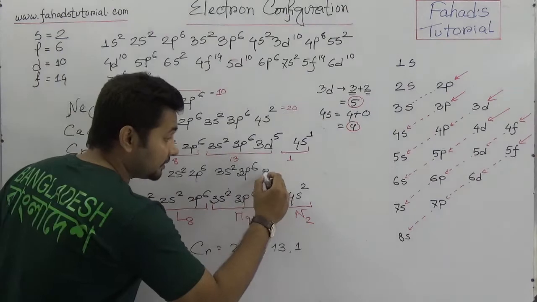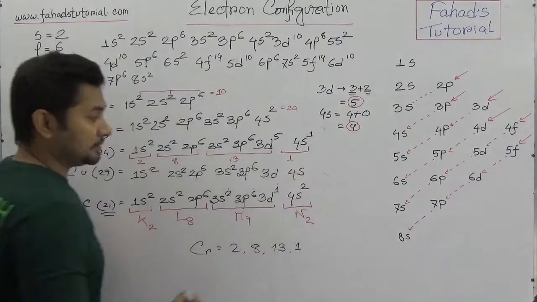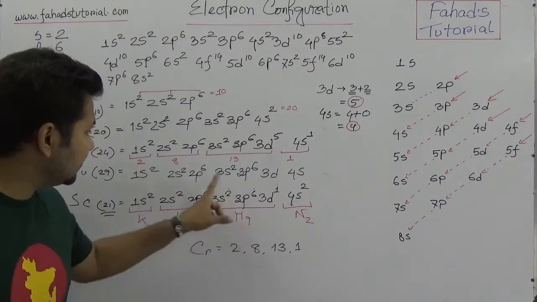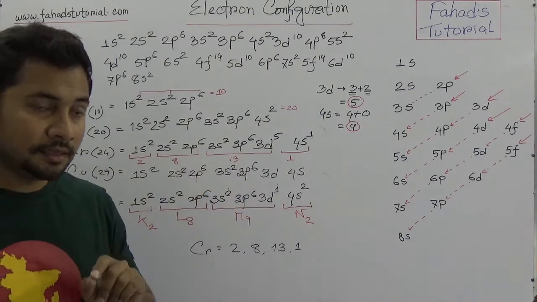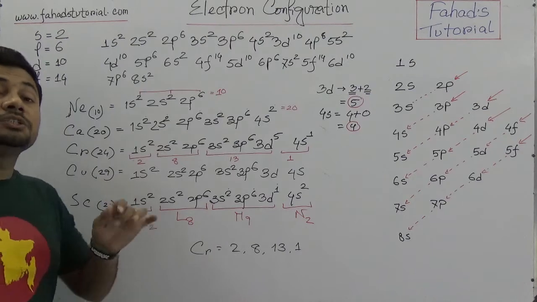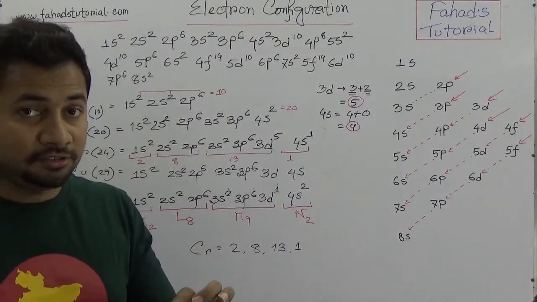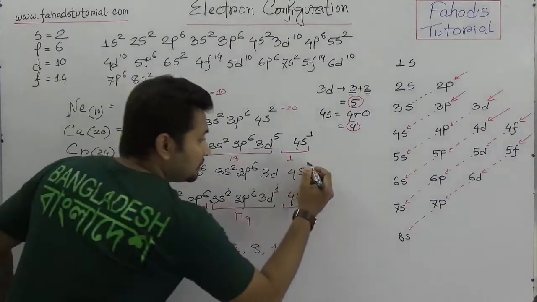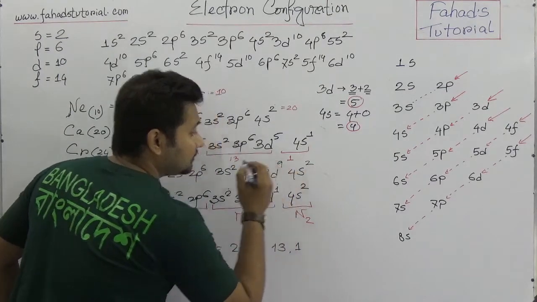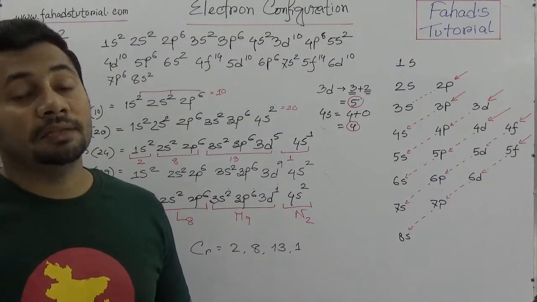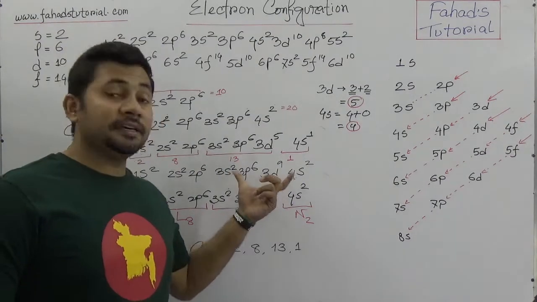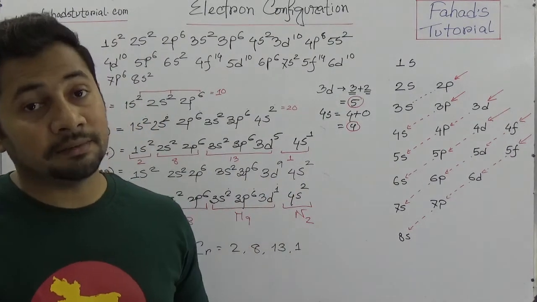Then we will write 3d and 4s. 2 plus 2 plus 6 plus 2 plus 6 is 18, and copper has 29, so 11 more electrons. If we put 2 here, then we need to put 9 here. But that is again wrong, because in this electron configuration it will lose its stability.